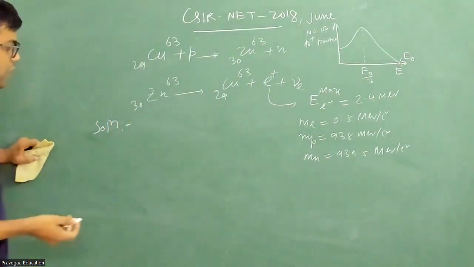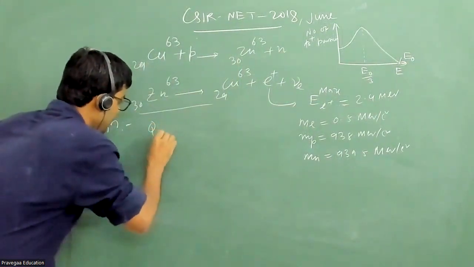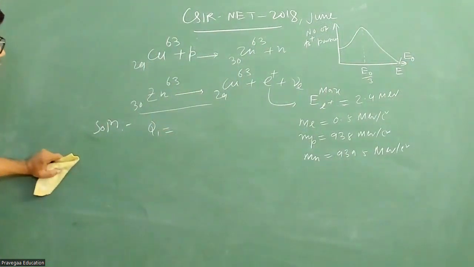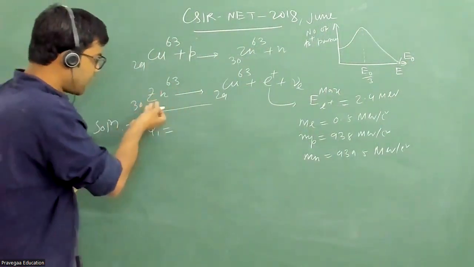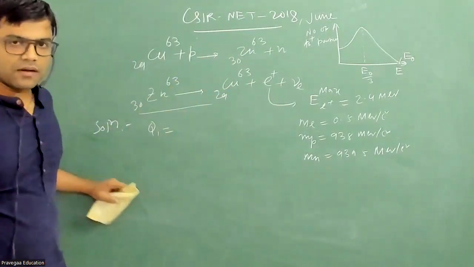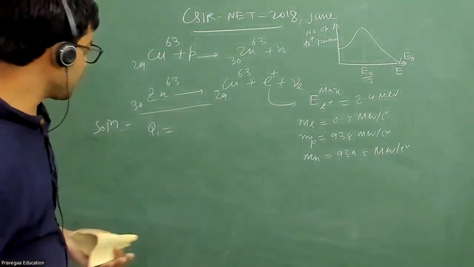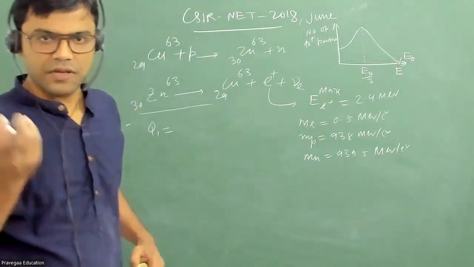So if you calculate that Q value, this is your equation. You know the Q value can be defined as nuclear mass of reactant minus product. And you can convert that nuclear mass into atomic mass just by subtracting the mass of an electron.